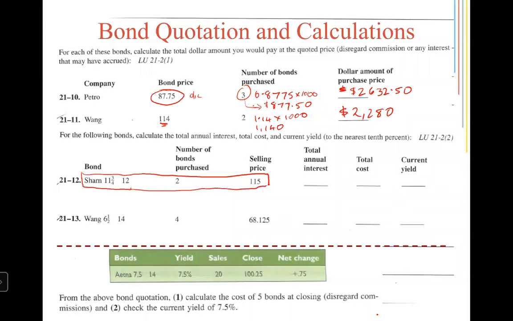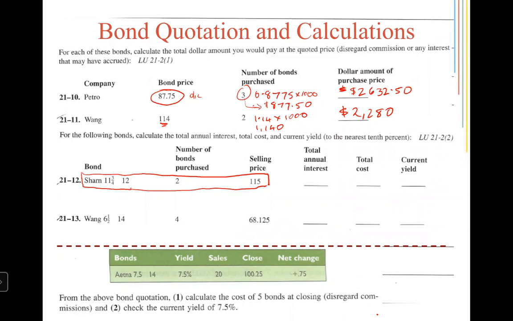You see the company name, the bond name is Sharn. The interest rate is 11.75%. The year of maturity is 2012, the number of bonds purchased is 2, the selling price is 115%. So the first thing they want is the annual interest.